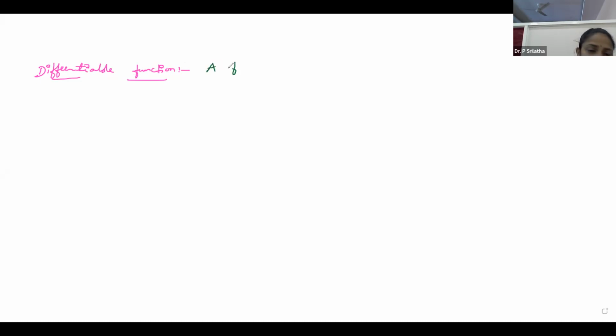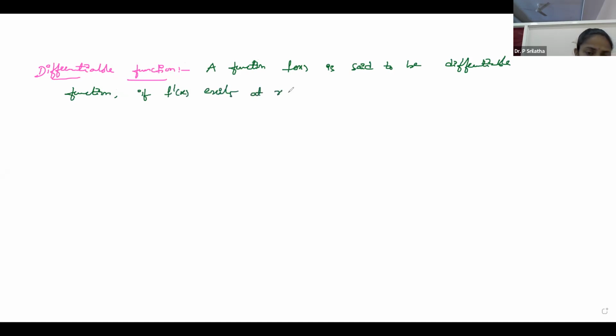A function f of x is said to be a differentiable function if f dash of x exists at x equal to a. So what is the meaning of this?